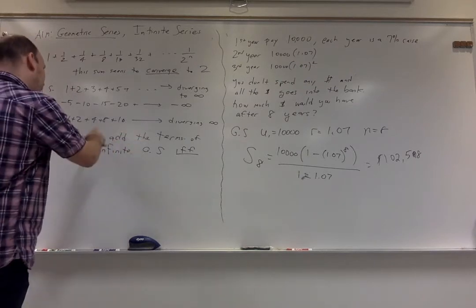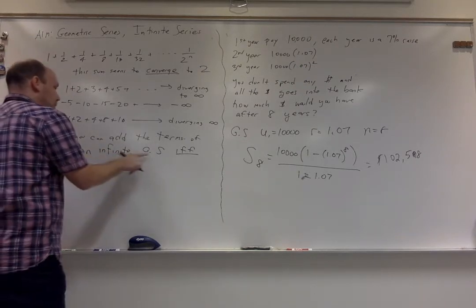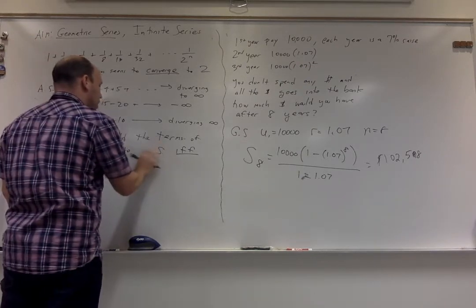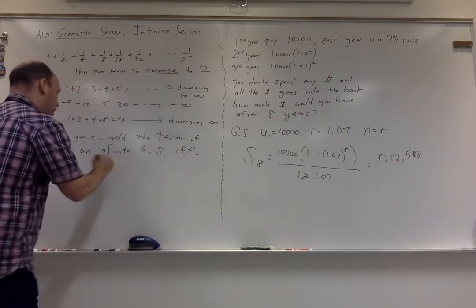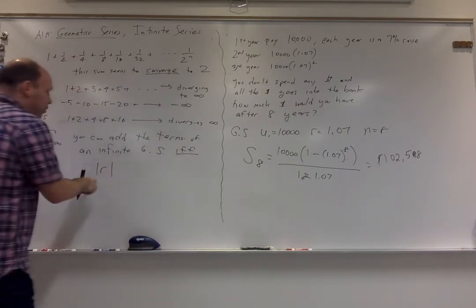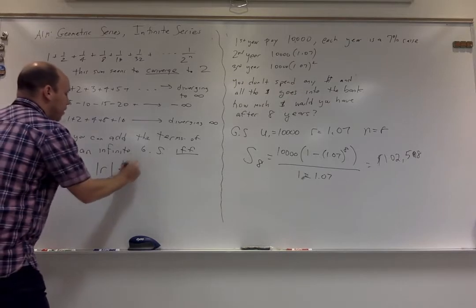We can add the terms of an infinite geometric sequence if the absolute value of the common ratio is less than 1.